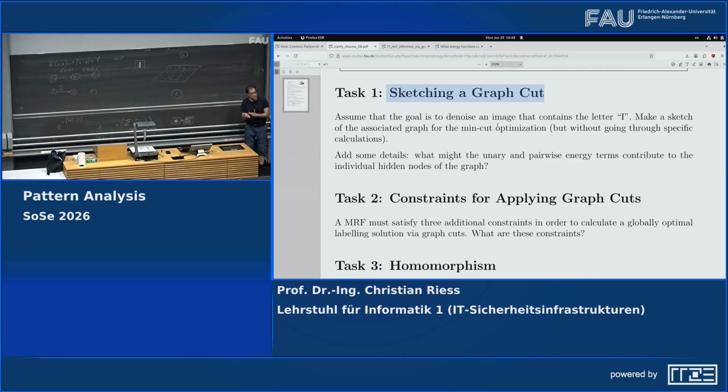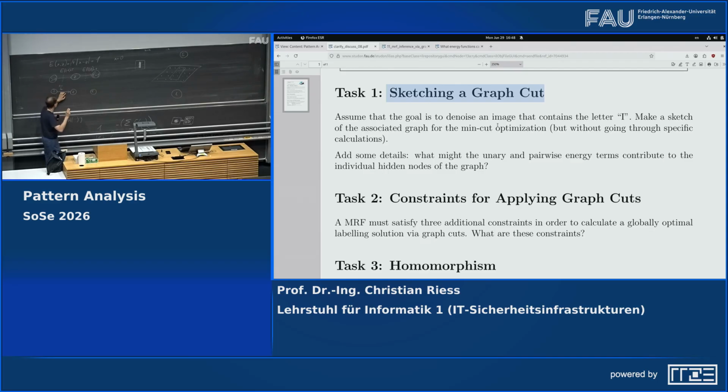Let's distribute the unary potentials first. The unary potentials only introduce an edge for the wrong connection.